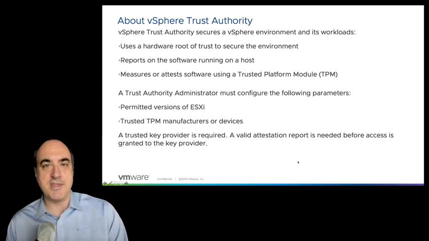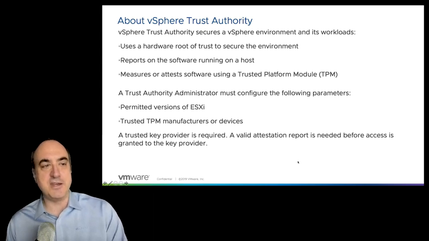But the thing is, that small VTA cluster has a special account that you have to log in with. You can't log in with any general administrator. You need to set up what's called a trust authority administrator, right? You have to set up that type of admin who would be able to log into those systems, who can log into that vCenter. It actually does need its own separate vCenter, by the way. And so that vCenter server would be part of the trust authority cluster.